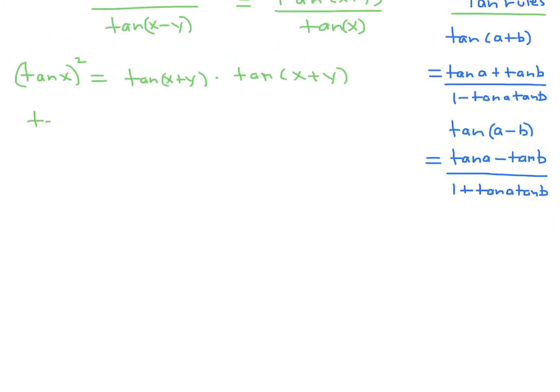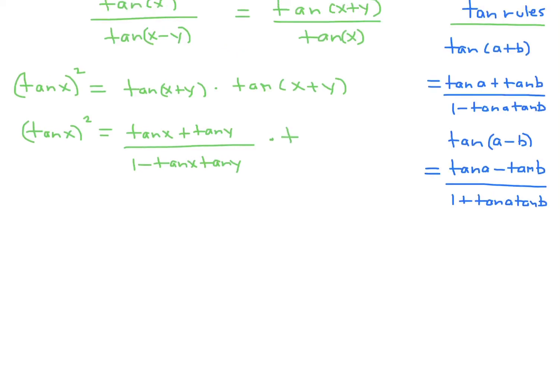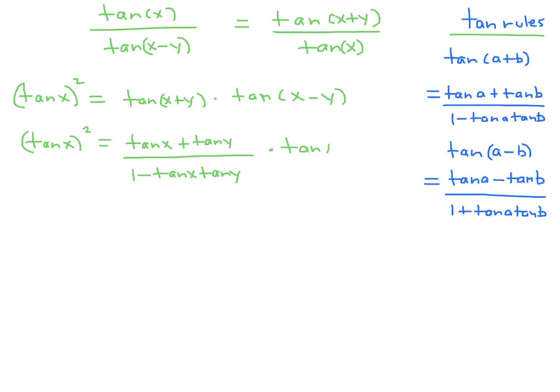So this will be the tan of X all squared equals tan of X plus Y. So we got tan of X plus the tan of Y all over 1 minus tan of X tan of Y. And then this guy becomes the tan of X minus the tan of Y, got to make sure I don't copy my own handwriting wrong, all over 1 plus the tan of X times the tan of Y.